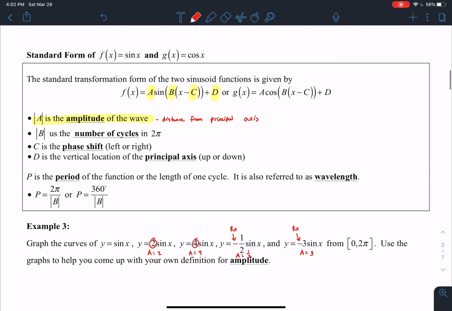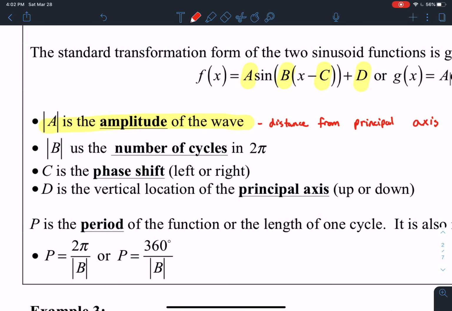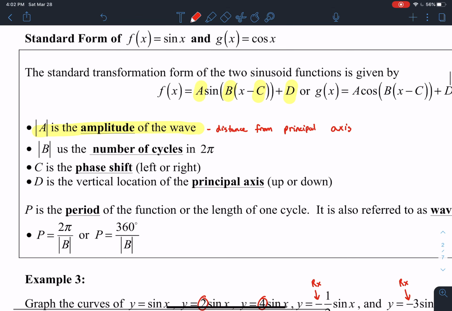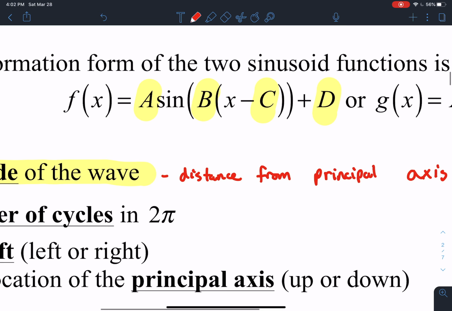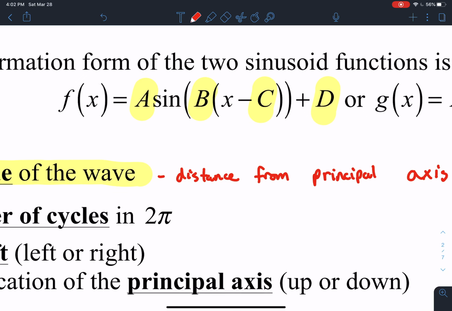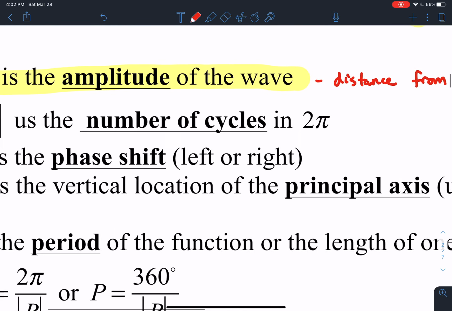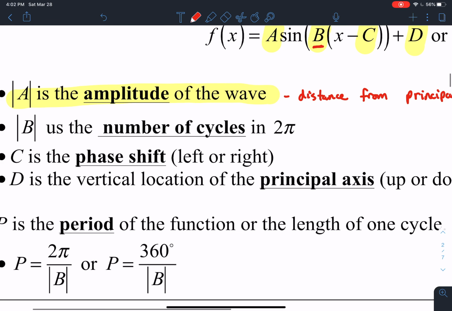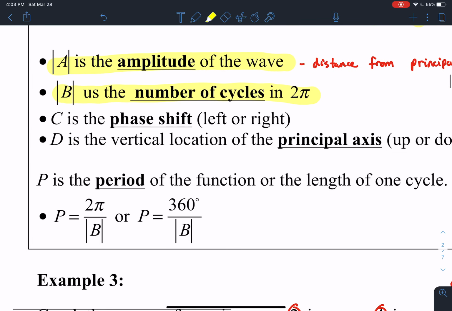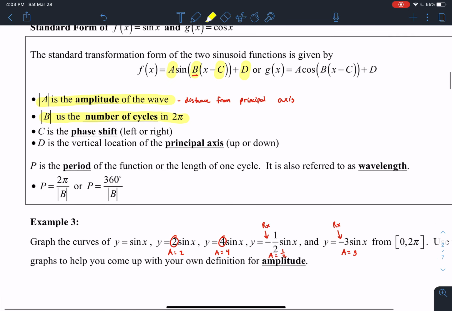All right, now the last thing that we'll talk about for this one is what the b term represents. Now the b term is going to be the number that goes in front of x. The b term tells us the number of cycles in 2 pi, and that'll help you figure out what your period is.